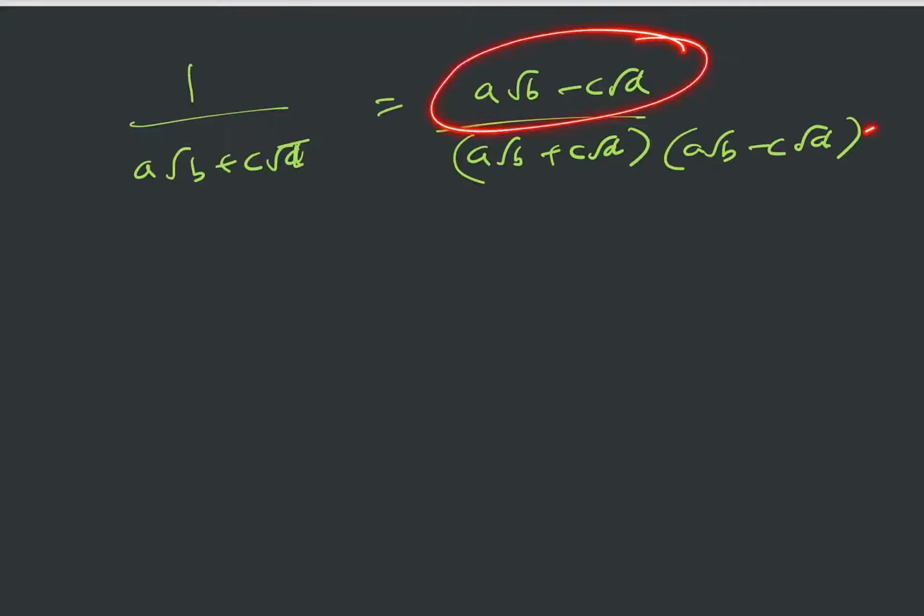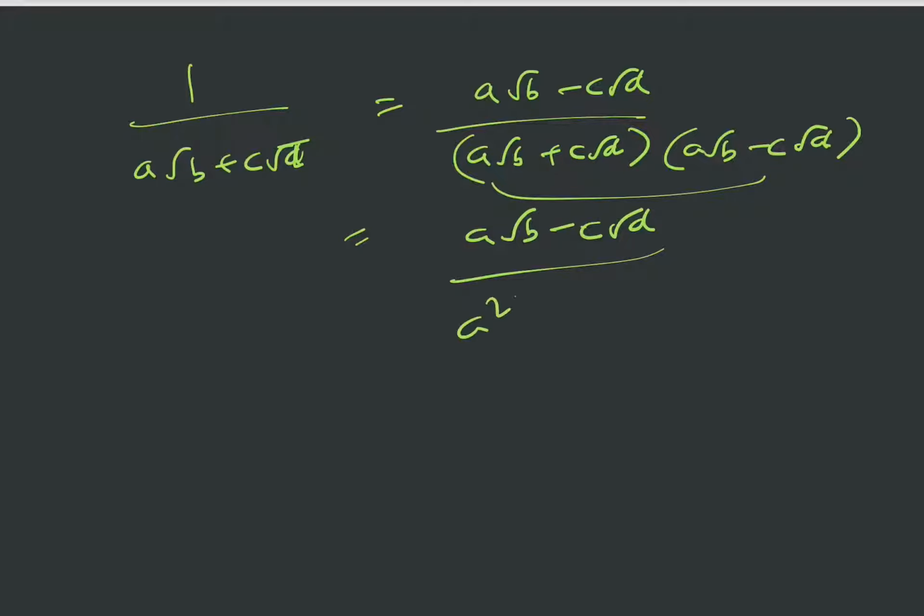So you just multiply with a root b minus c root d on numerator and denominator. And this is a square b minus c square d. So you have rationalized the denominator. In most of the problems it will be helpful to rationalize the denominator, right?